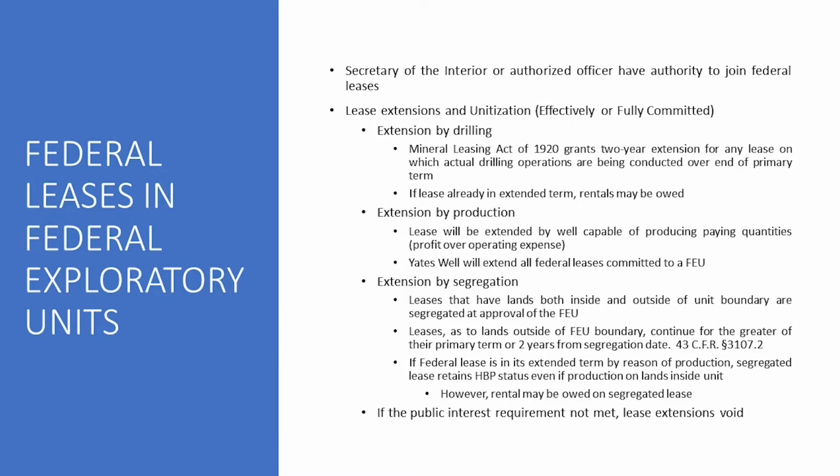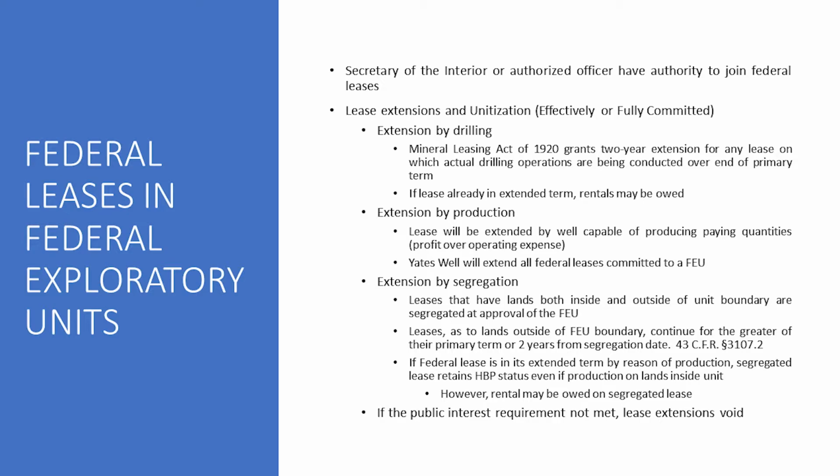If that lease is part in, part out of a federal unit, the lease, while it may be segregated, will still continue to maintain that HBP status as long as there's production or you're otherwise compensating for the lease. But there is a chance that you'd owe a rental if the land's outside the federal unit or non-producing, and that's that sub-bullet down there where it says rental may be owed.